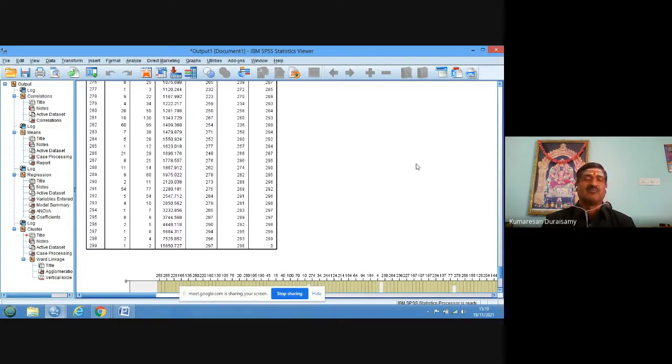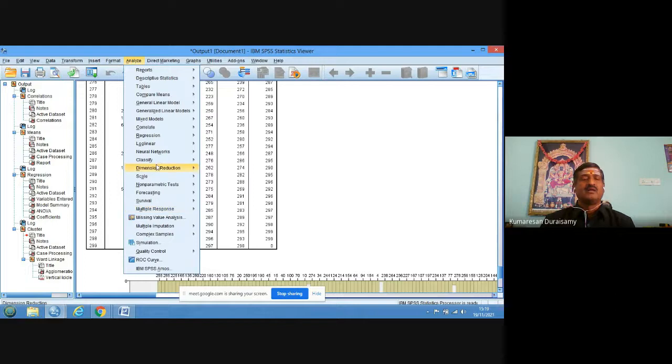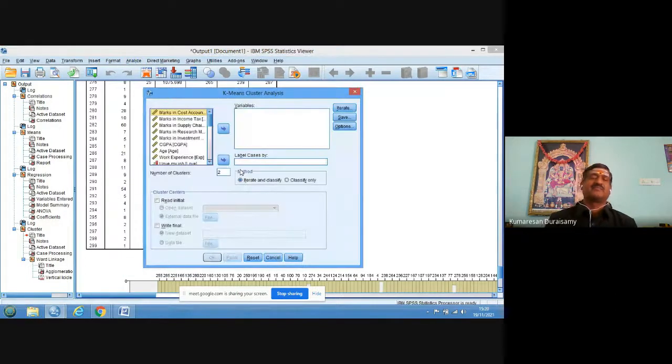So this is what about the hierarchical cluster analysis. Then we will go to K-means cluster. Now we have got an idea how many clusters are to be made. So go to K-means cluster. Here is the box meant for variables. As usual, select all the variables, irrespective of whether they are dependent or independent.